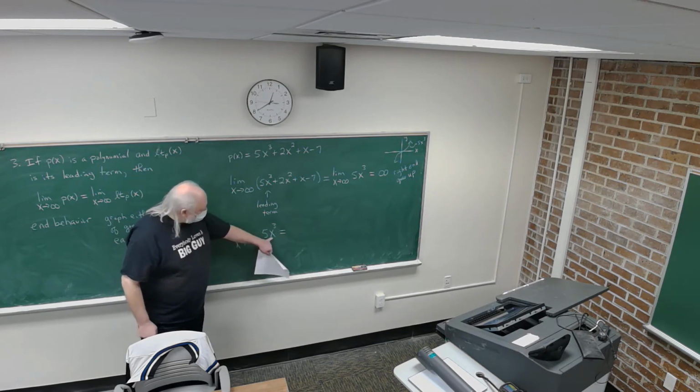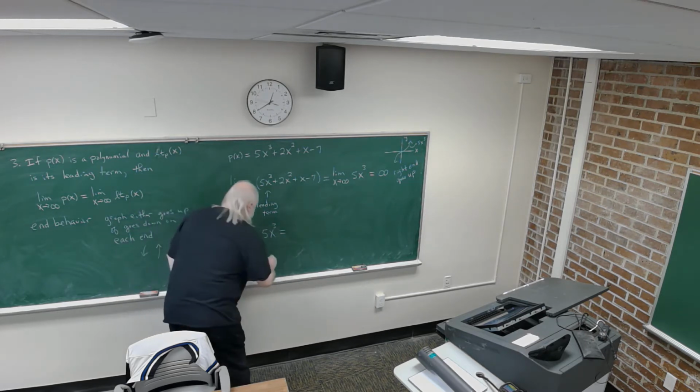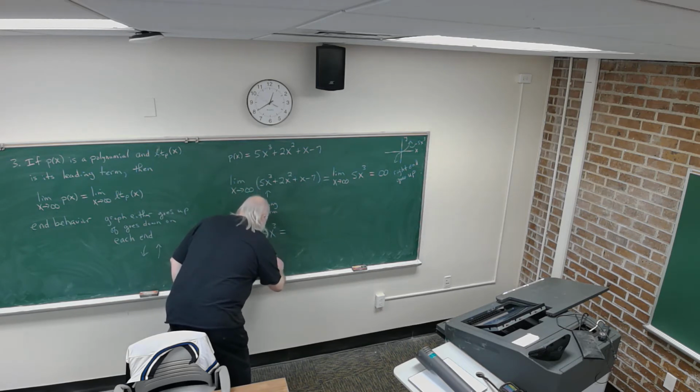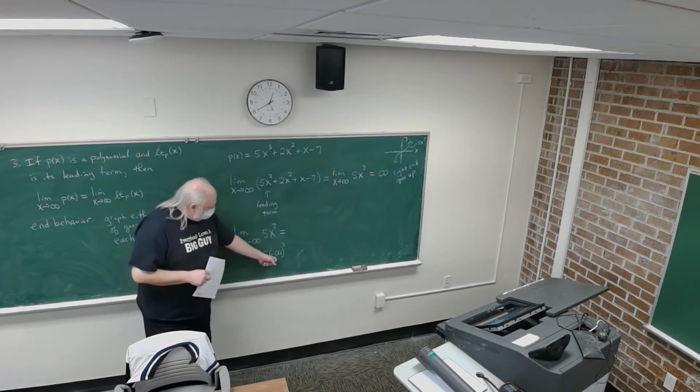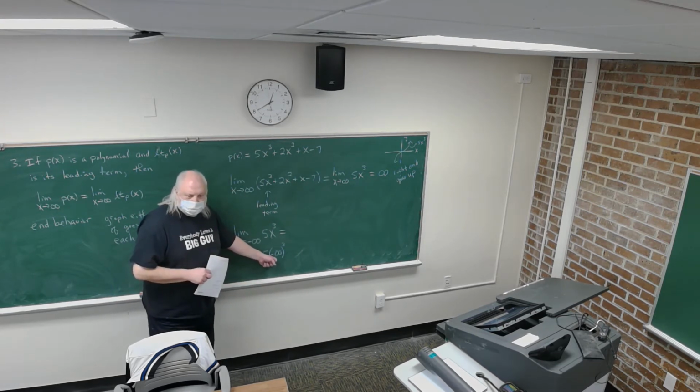But if we put minus infinity in for x here, we have 5 times minus infinity cubed, right? When x is decreasing without bound, x is negative. And negative cubed is negative.